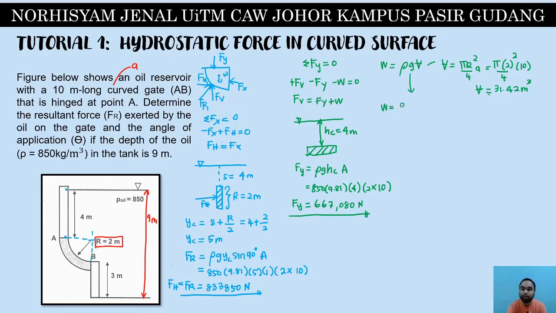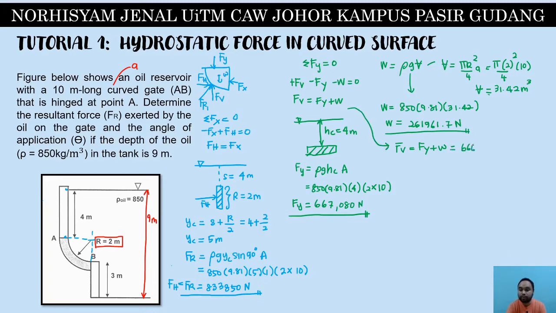Okay, so from there we'll do this calculation. W is equal to 850 times 9.81 times 31.42. So the answer should be W equals to 261,961.7 Newton. So Fv is equal to Fy plus W. This is from summation of Fy equals to 0.